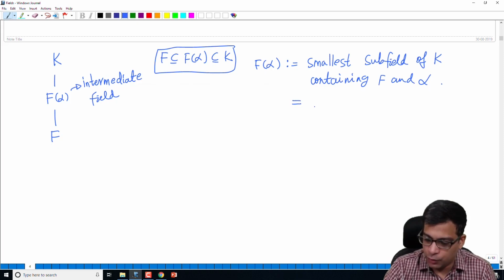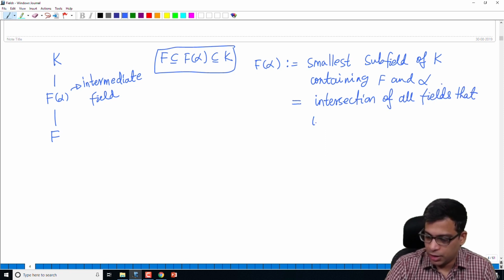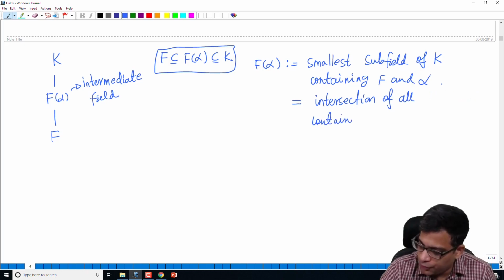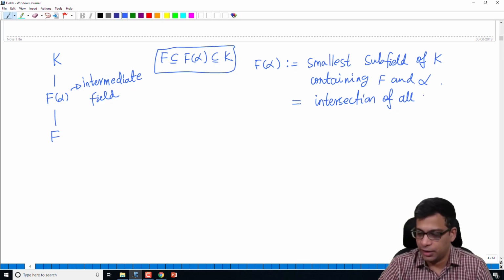In fact, it is equal to the intersection of all subfields of K. I should remain within K here.